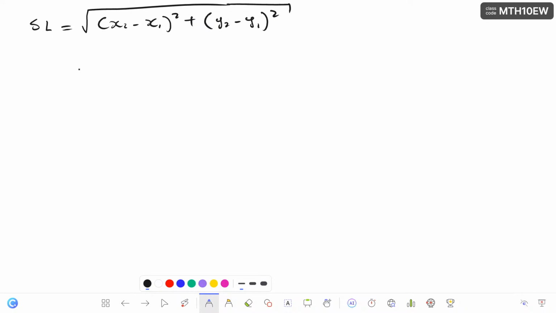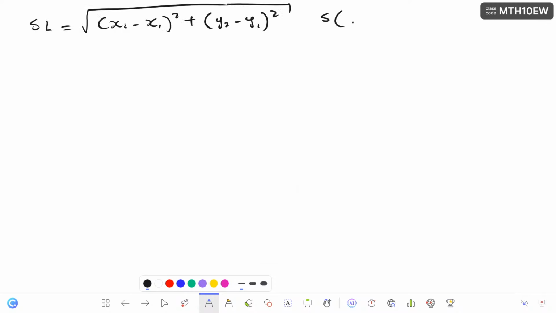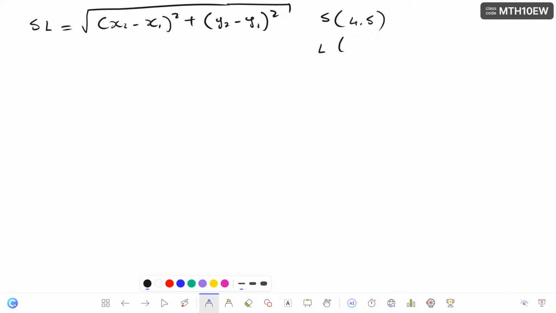Now we put the coordinates of S, which is (4, 5), and then L, which is (-4, 1).